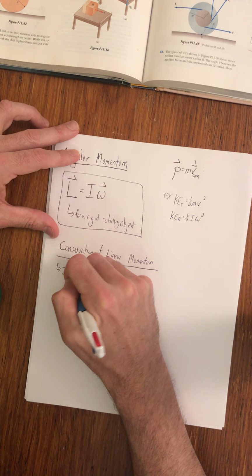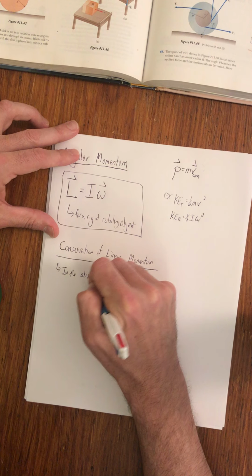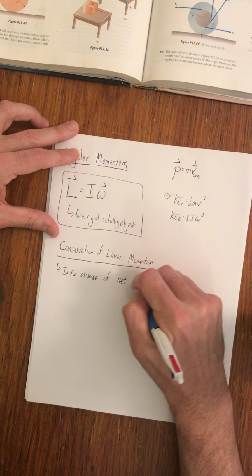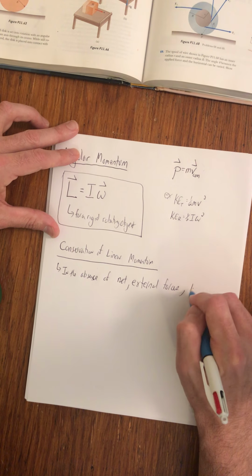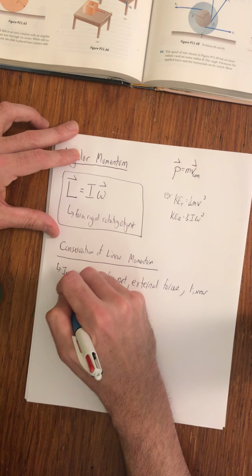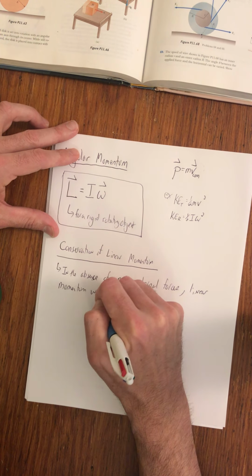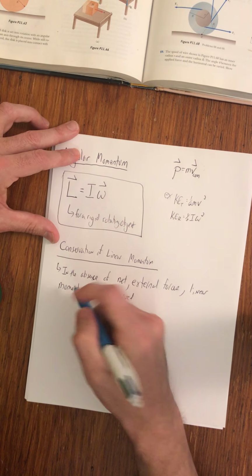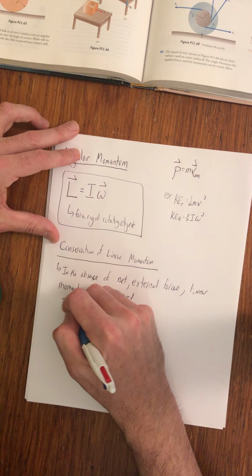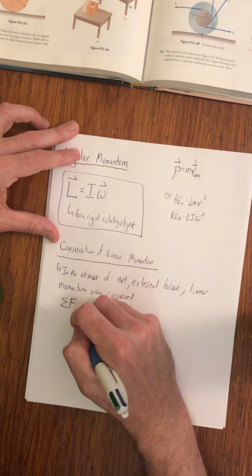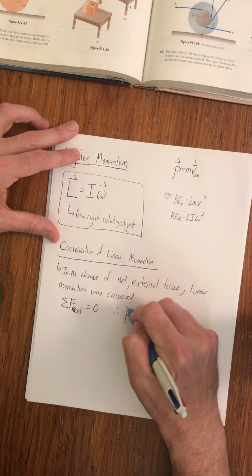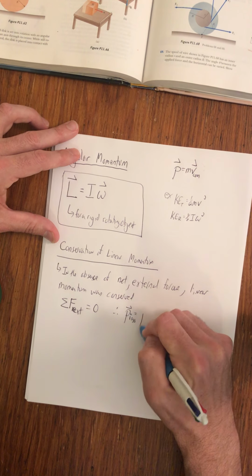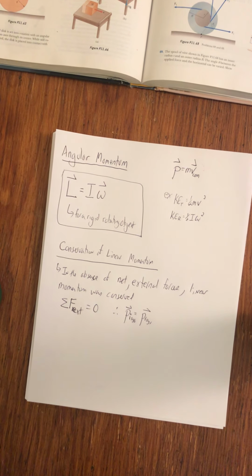That law said, in the absence of net external forces, linear momentum was conserved. Or in terms of our symbolic way of saying that, if the net external force was equal to 0, therefore the initial momentum of the system was equal to the final momentum of the system. Very simple in terms of that conservation of linear momentum.